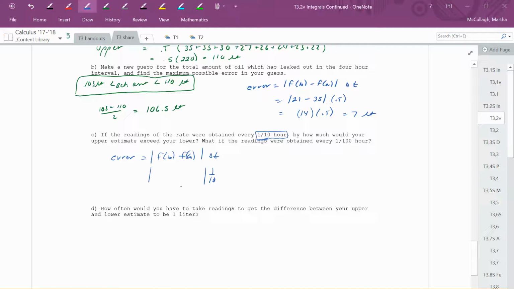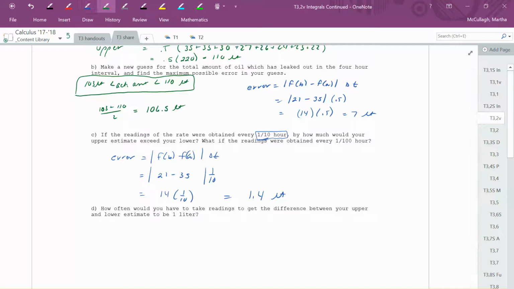So my F at B minus F at A is still 21 minus 35 is going to be my error. So 14 times 1/10, which is 1.4 liters. And what if the readings were obtained every 100th of an hour?